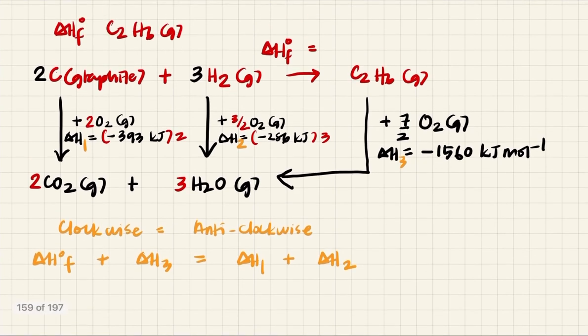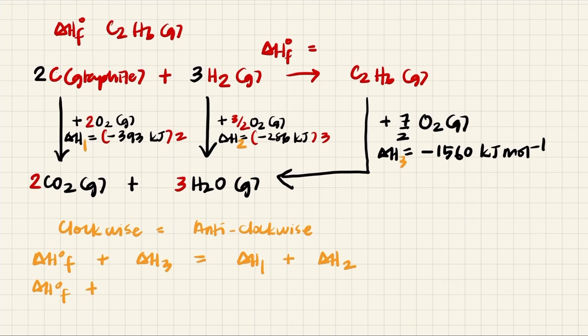And then since we want to find delta H formation, we will have to move this one to the right. You can do that, or you can just put in your values first.